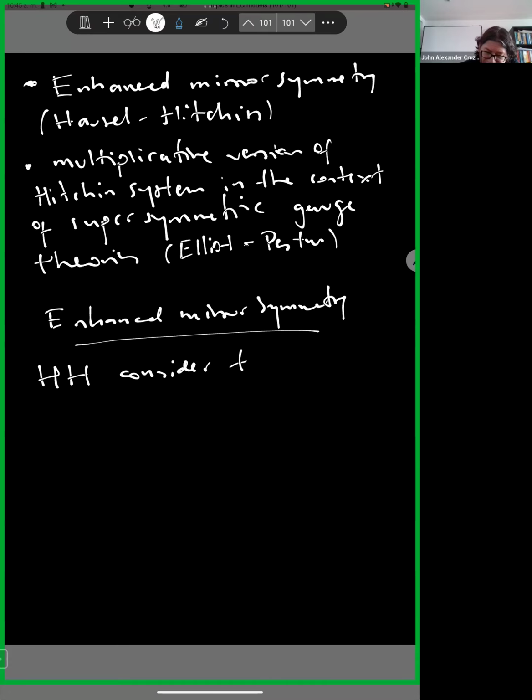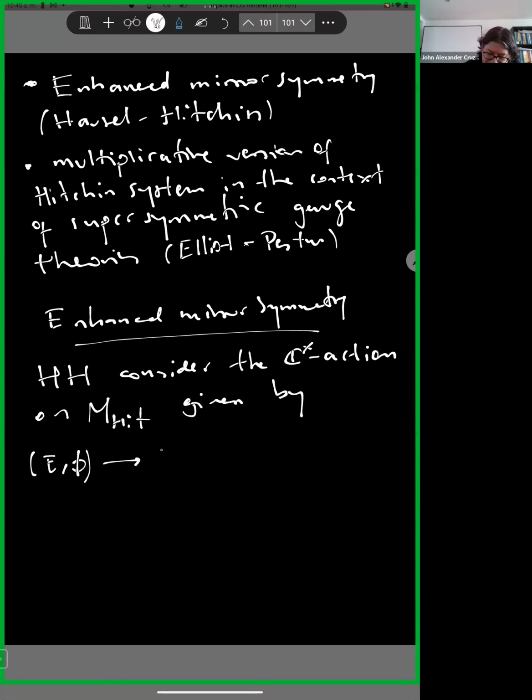So in this enhanced mirror symmetry, what Hausel and Hitchin did was they considered the circle action on the Hitchin moduli space given by taking this pair and going to lambda times the pair, so you use scalar multiplication.